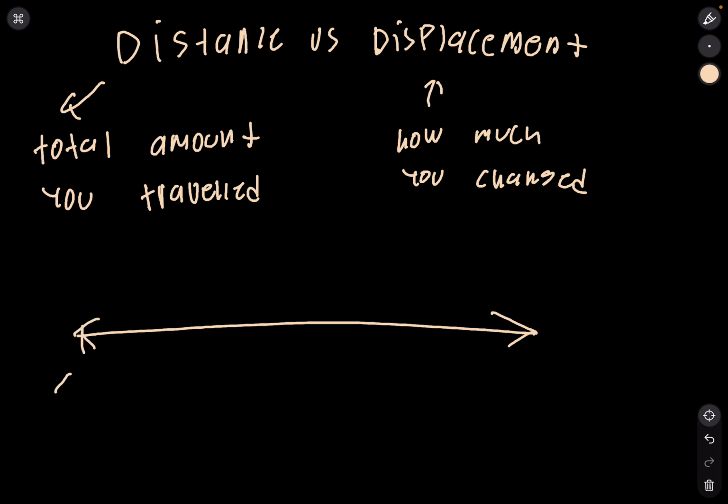So this is point A and this is point B. And let's say you're in your little car. This is a car, boom, that's you in the car. And the distance from A to B is 50 miles.